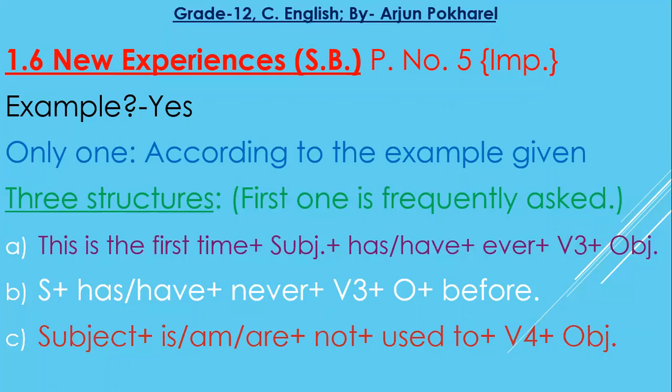You are doing the thing for the first time, or you are not habituated to the thing till now. In this way: subject plus is/am/are plus not plus used to plus object.